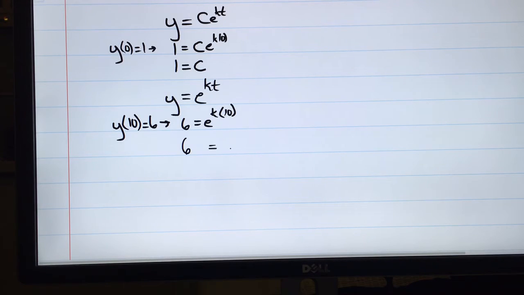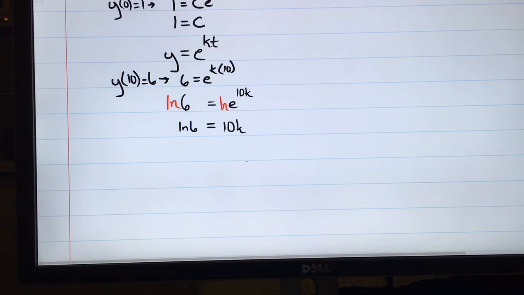So we have that 6 is equal to e raised to the 10k. In solving for k, I can just take the natural logarithm of both sides. So I have the natural logarithm of 6 is equal to natural logarithm of e to the 10k, and that's just going to go to 10k itself.